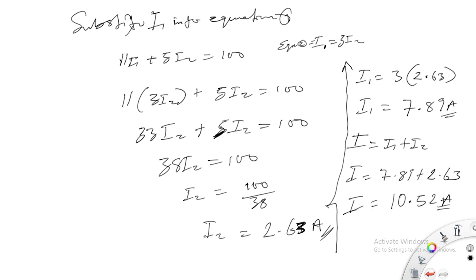But we were asked to calculate the voltage across those resistors. So for all of those resistors, we will calculate the voltage across each one of them. Let's say voltage across 5 ohms.